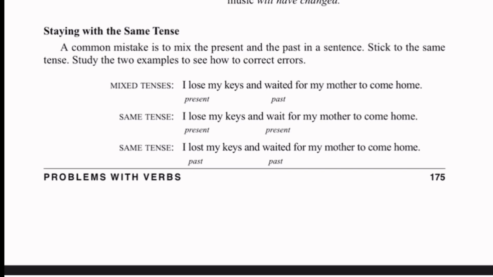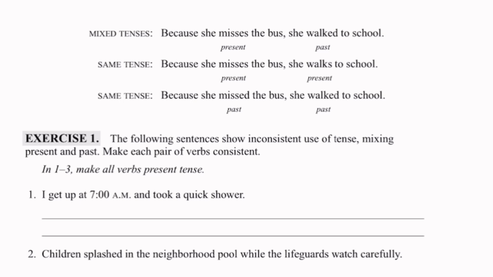You have to be sure that your tenses align. Let's look at another example. Because she misses the bus, she walked to school. No, it can either be because she misses the bus, she walks to school, or because she missed the bus, she walked to school.